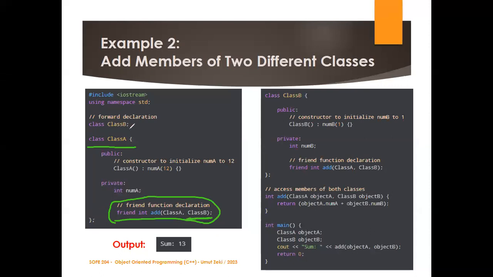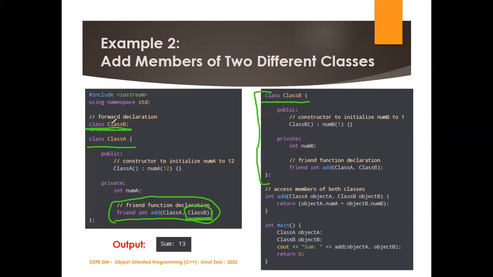So if we don't put this forward declaration, the program will give us an error because it will not recognize class B, because the definition is after the class A definition.